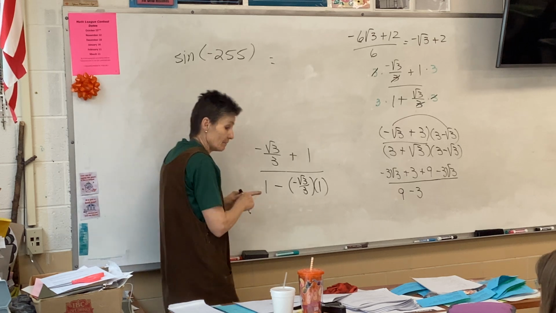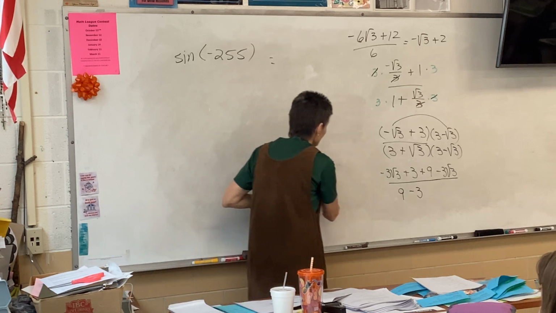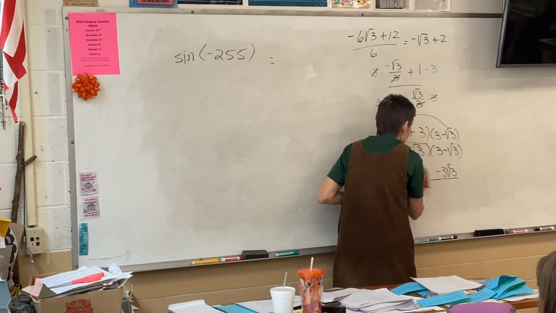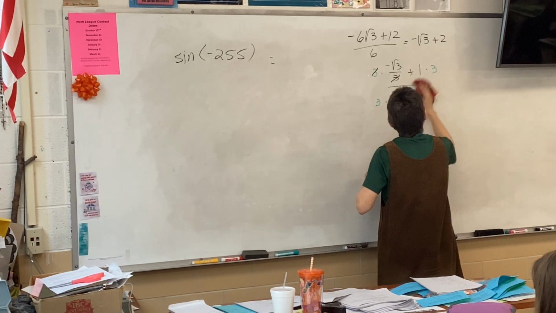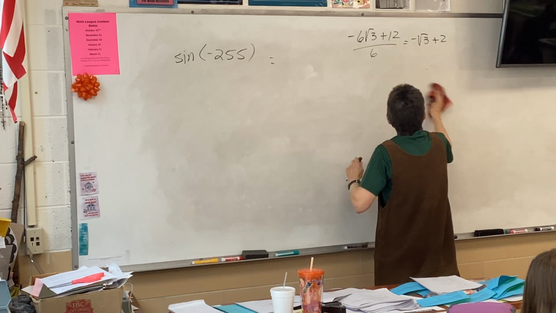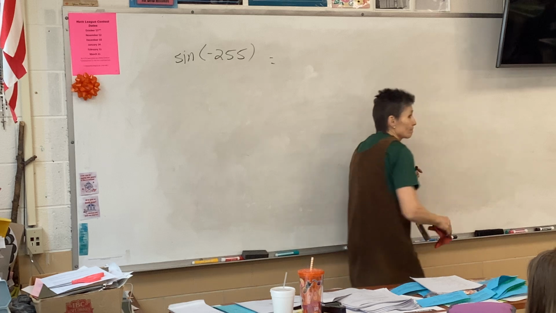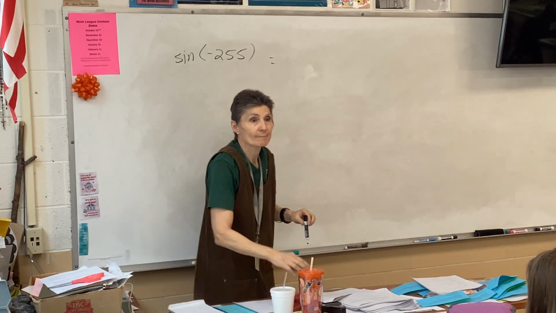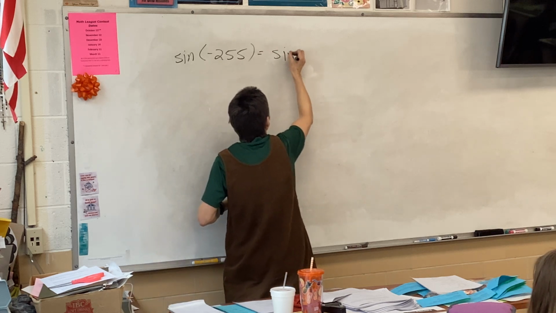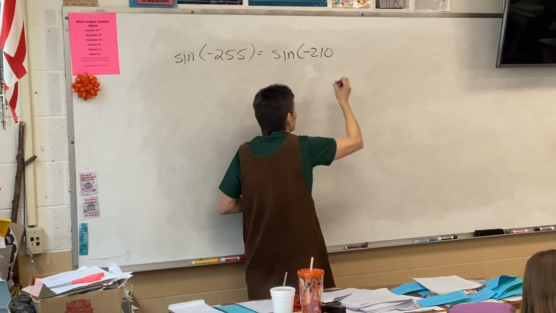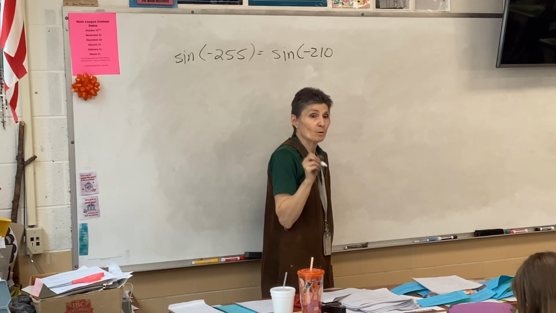All right, negative 255. Can you think of 2 angles that are either going to add or subtract to give you negative 255? Negative 210 and negative 45. Now, do you want to make that plus negative 45 or minus 45?